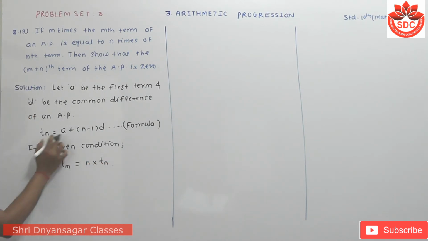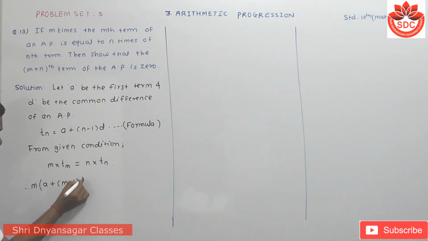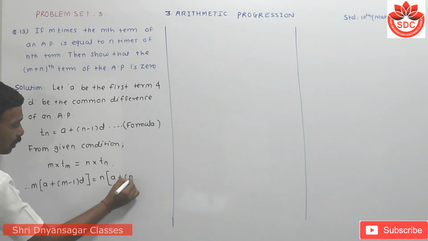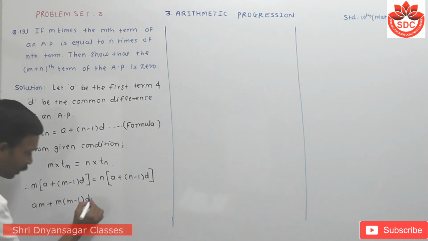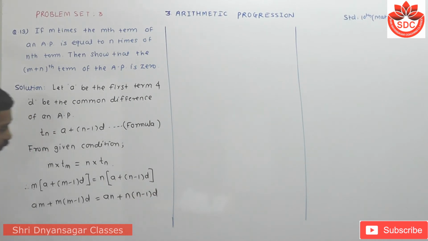By using this formula, we write m into tm, which is m in bracket a plus m minus 1 into d, equal to n in bracket tn, which is a plus n minus 1 into d. We multiply m to this whole bracket and n to this whole bracket, we get am plus m in bracket m minus 1 into d is equal to an plus n in bracket n minus 1 into d.